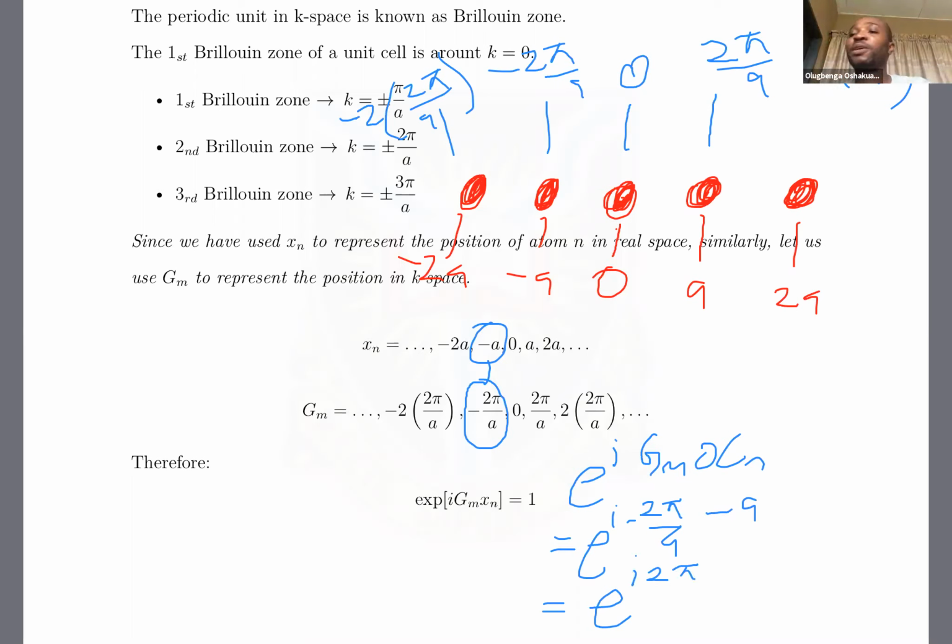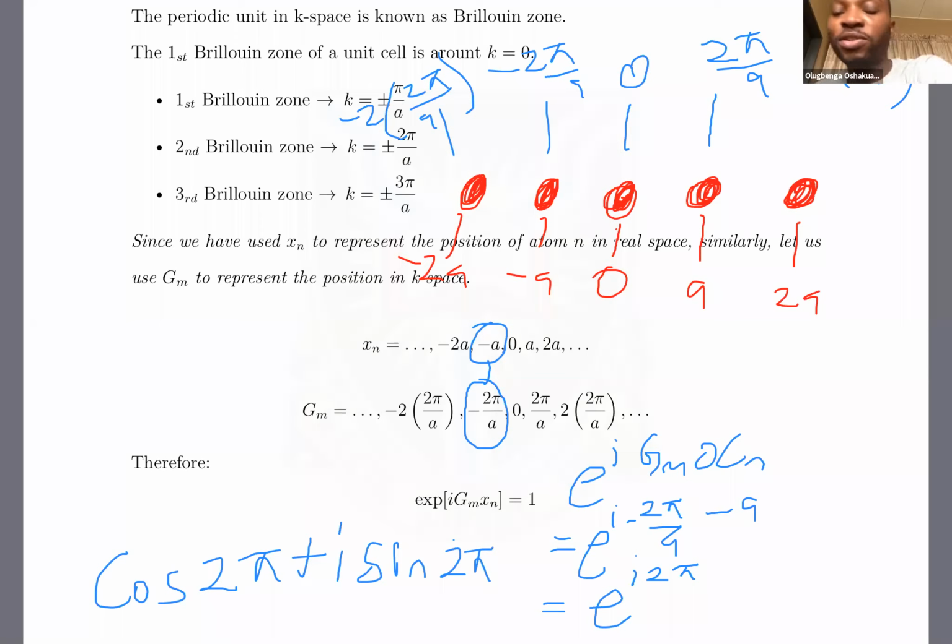And e to the i 2 pi, from what we have spoken about, is as good as cos 2 pi plus i sine 2 pi. What is cos 2 pi? Cos 2 pi is as good as cos 0, which is 1. And i sine 2 pi, that is as good as sine 360, which is 0. And I think that gives us what we have here.